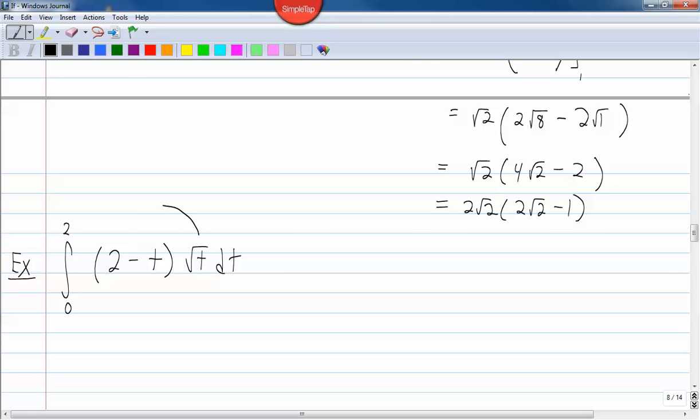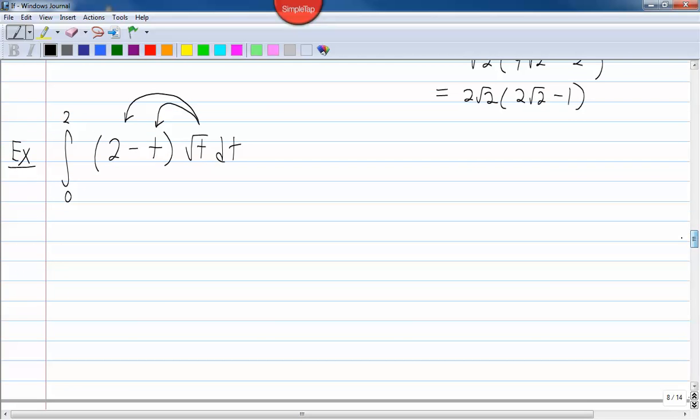I'm going to have to multiply this in to integrate this. Now, this really doesn't even have anything to do with the definite integral part. It's just to do the integrating, I have to multiply that in. So think about that like that's t to the 1/2 power.